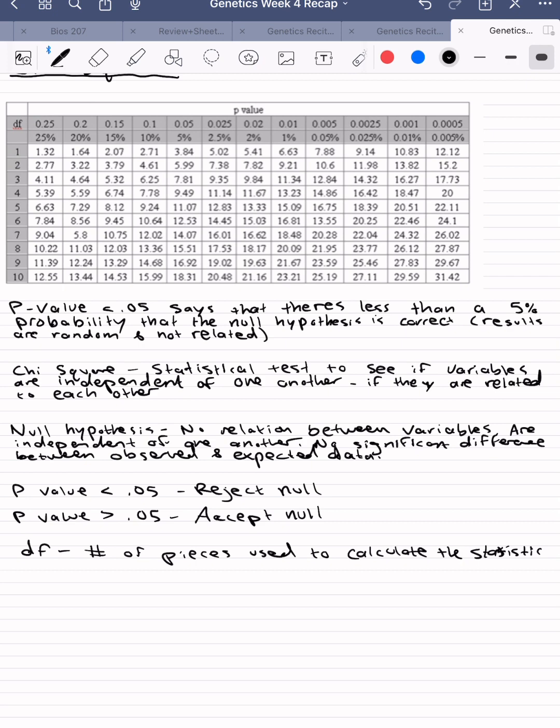So for example, we have two phenotypes. To calculate df, it's n minus 1, in which n is the number of phenotypic classes, or phenotypic domains.